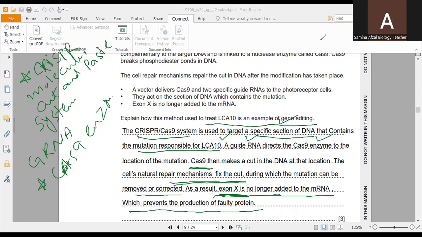So the CRISPR-Cas9 system aims to correct the underlying genetic defect that is causing the disease. In this case, it aims to restore the correct processing of the CEP290 gene's RNA, leading to the production of functional protein instead of faulty protein.